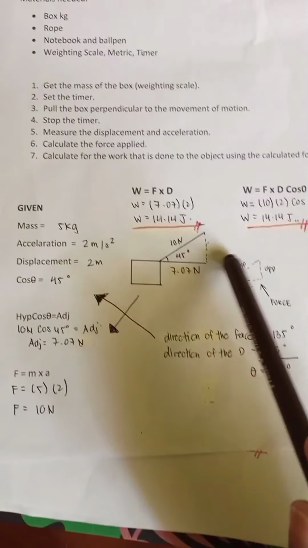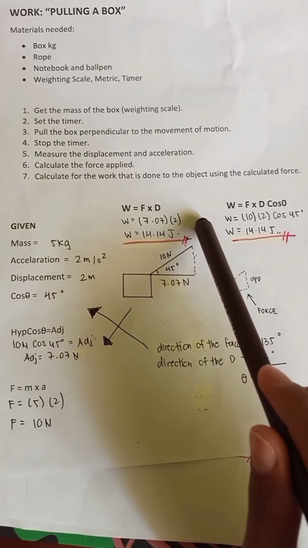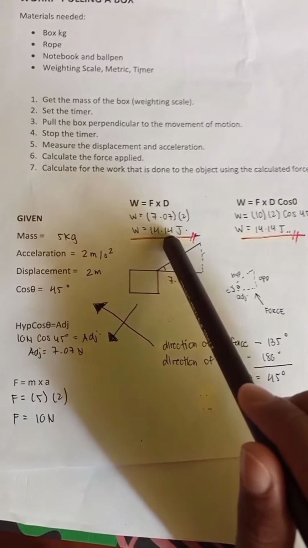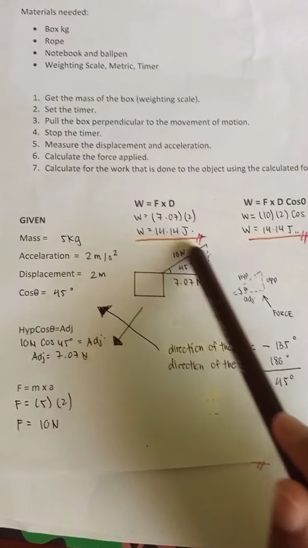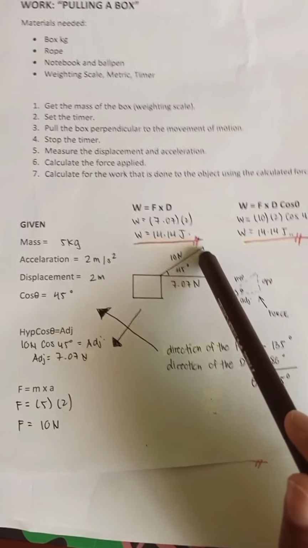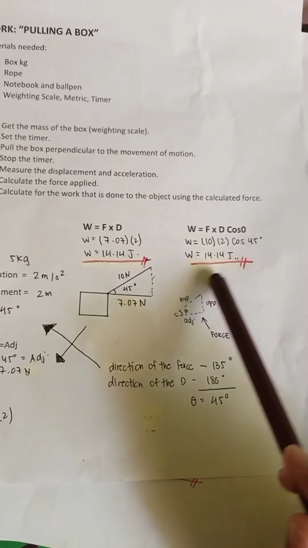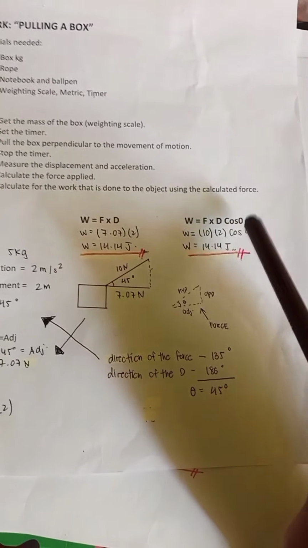So, ngayon, ikakalculate na natin yung work. Tapos, substitute lang natin yung 7.07 newtons, tapos yung displacement na 2. Ang makukuha natin is 14.14 joule. Pwede din naman ganito. Force times displacement times cosine theta.